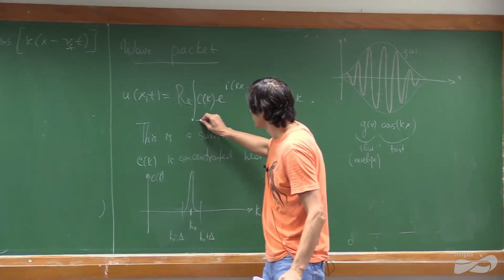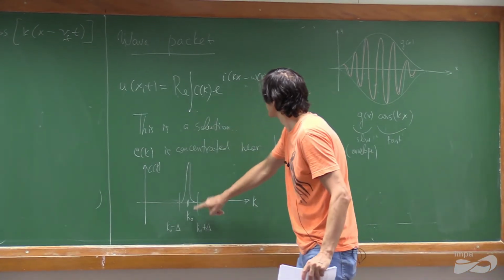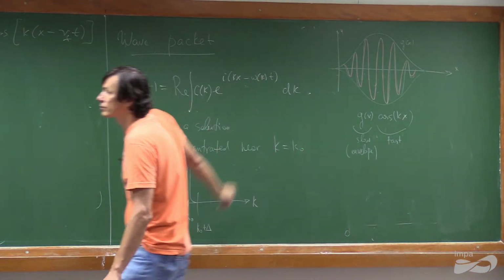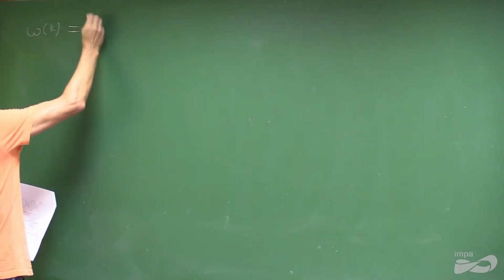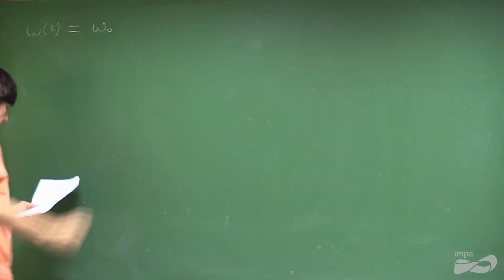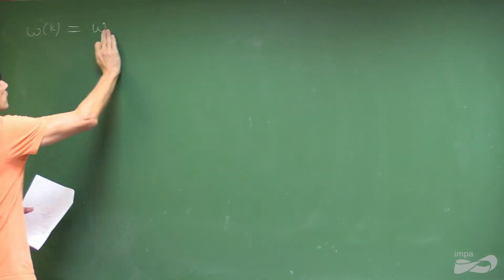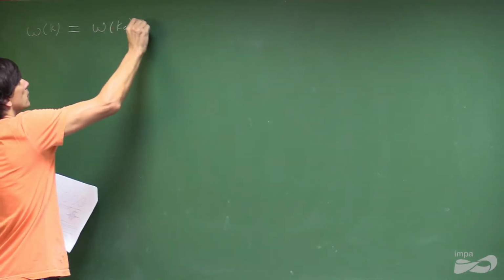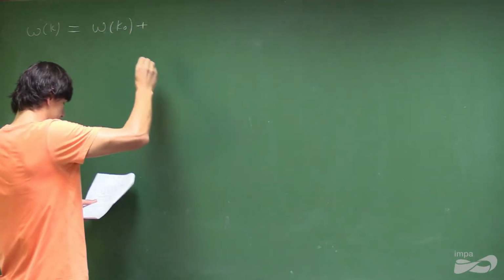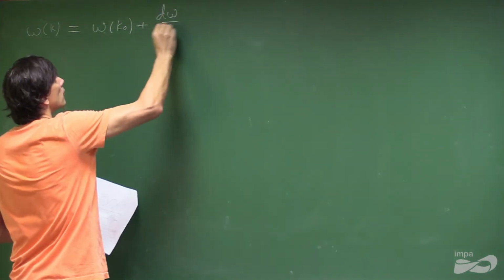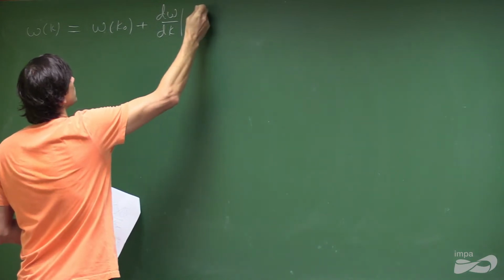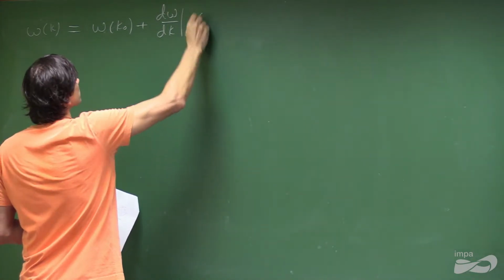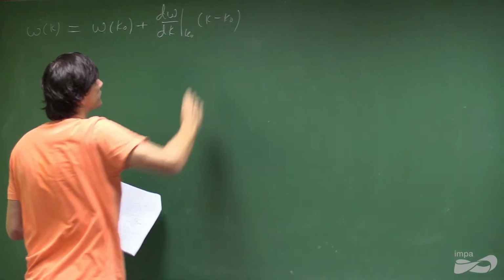So essentially, close to k0, we can make an expansion of this function around k0. It will be omega(k0) plus the derivative at k0 times (k minus k0).